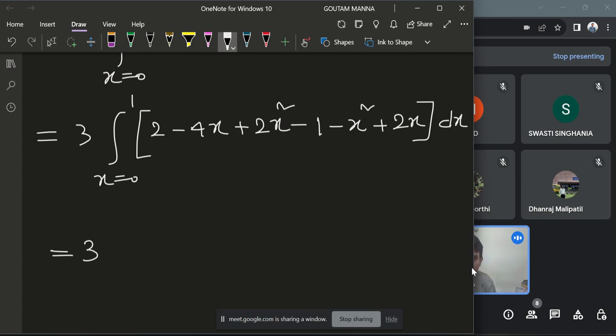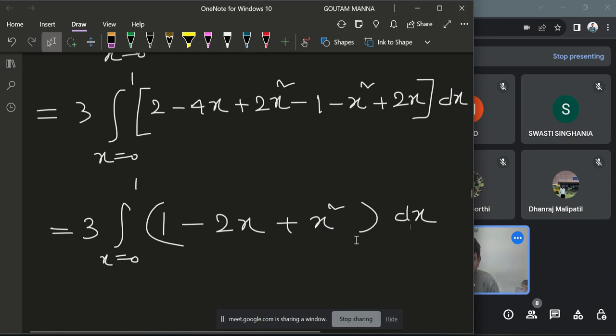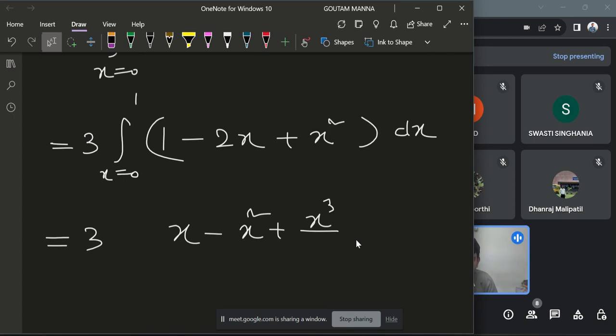So it will be 3 times the integral from 0 to 1 of 1 minus 2x plus x square dx. Now if I do this integration, it will be 3x minus x square plus x cubed by 3, from 0 to 1.